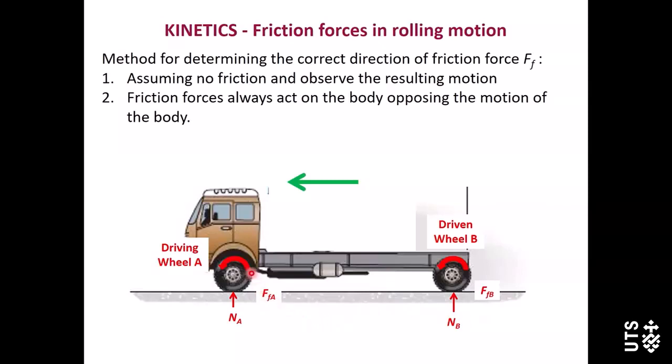So here, for this front wheel, which is the driving wheel, the direction of the friction force should be to the left side. But for the rear wheel, this is the driven wheel, the direction of friction force must be to the right side.